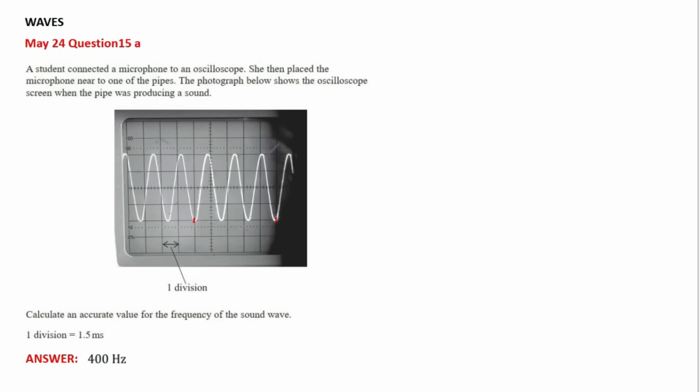So three cycles corresponds to 5 squares.